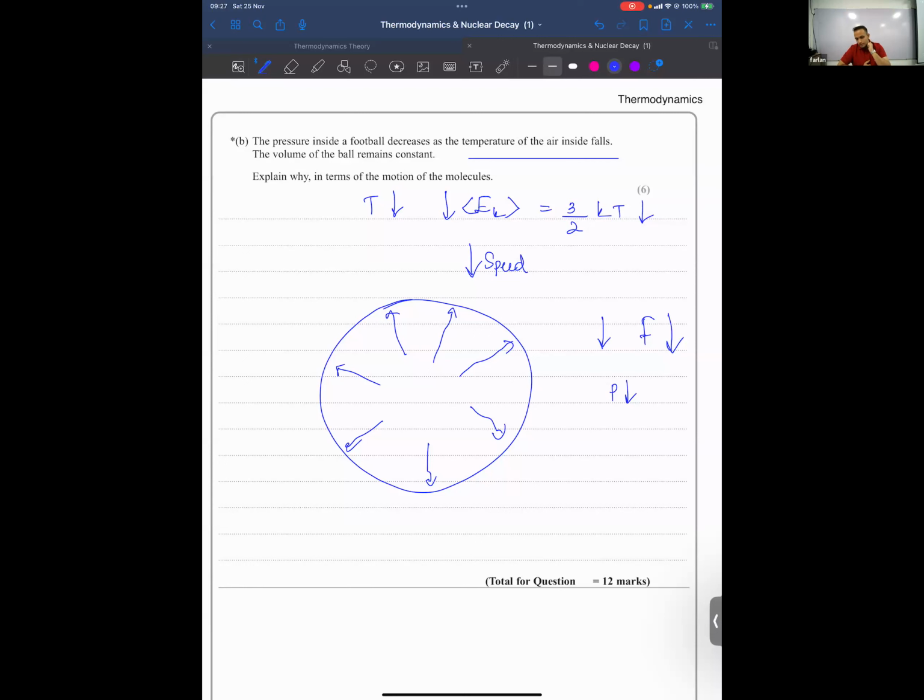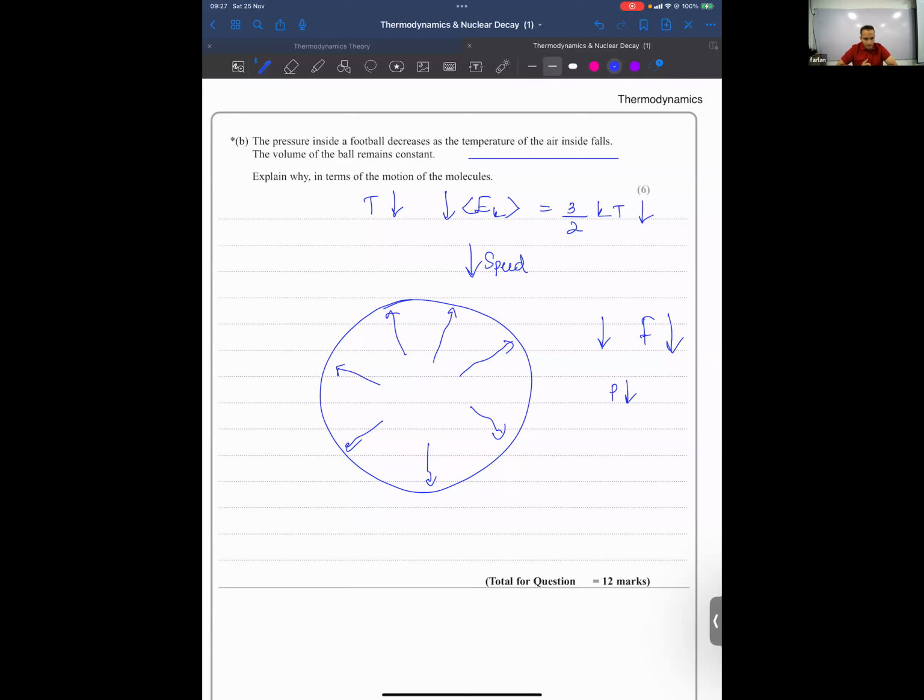Molecules will collide with the walls less frequently. Full stop. So if you write this formula and everything, will you get extra marks?